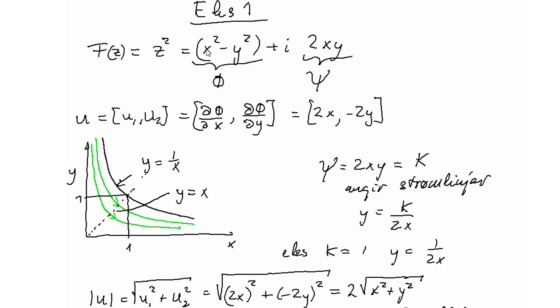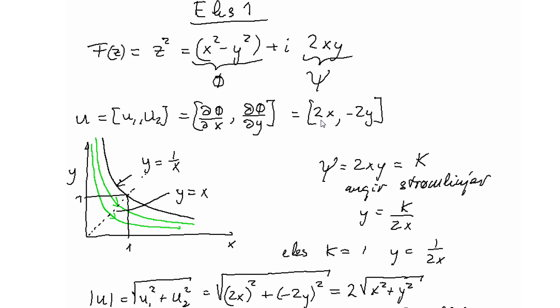So taking the derivative of this real part with respect to x, we obtain 2x, and taking the derivative with respect to y, we obtain minus 2y. So now we can see that this corresponds to the fluid flow in a corner with angle 90 degrees.